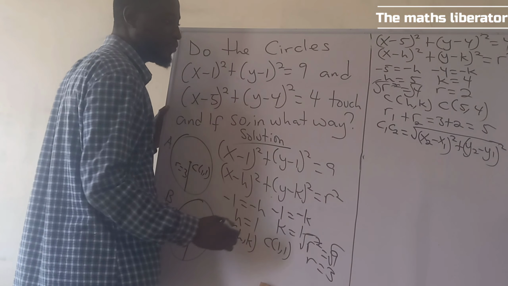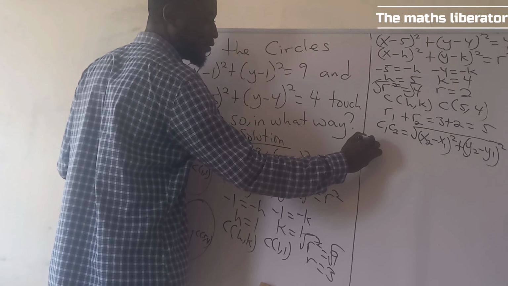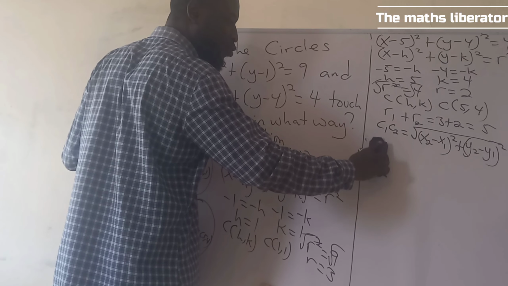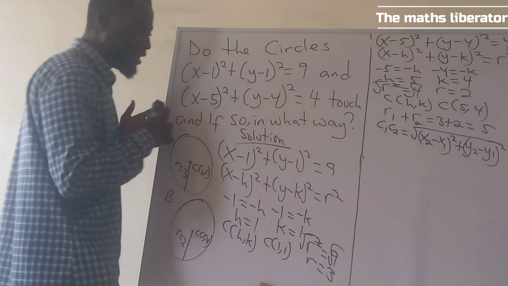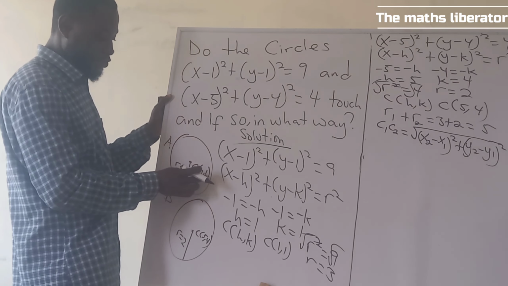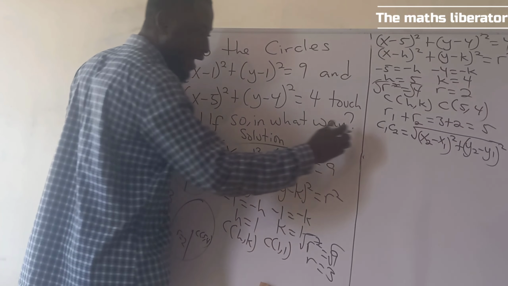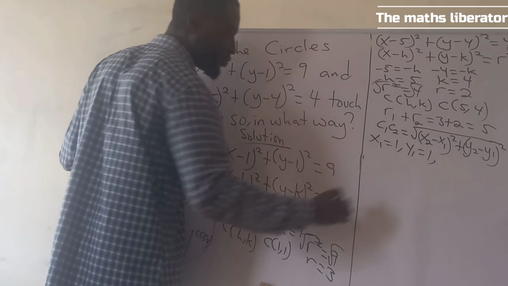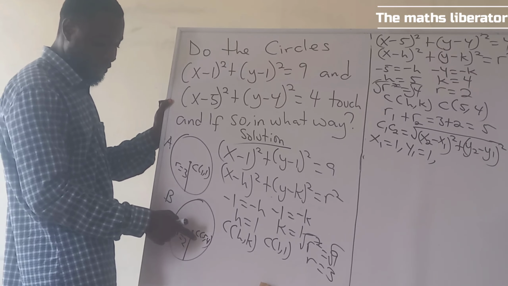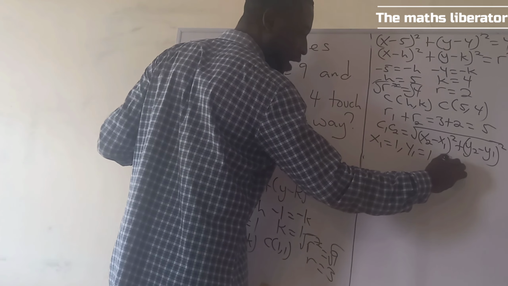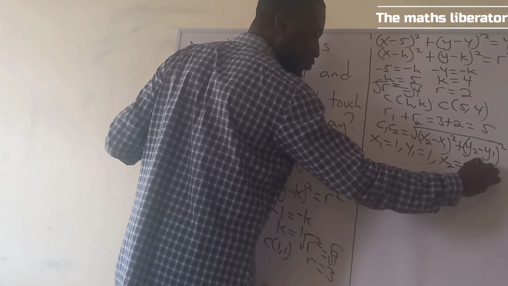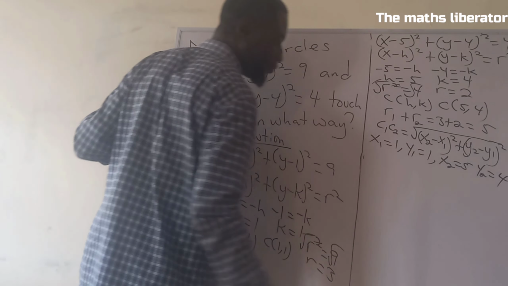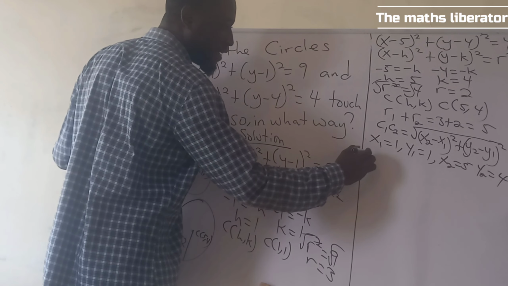First of all, we need x2, x1, y2, y1. So let's write the data. For the first point, x1 is 1 and y1 is 1. For the second point, x2 is 5 and y2 is 4. Good.